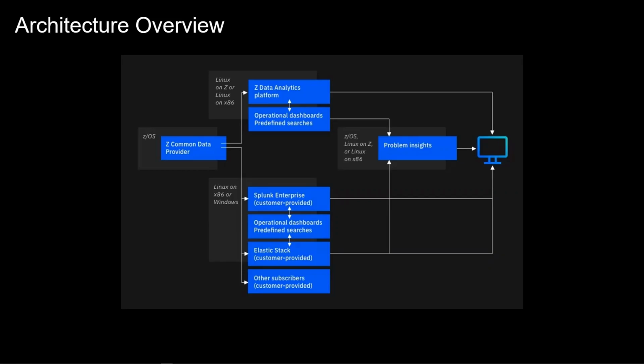That's all available within our Problem Insight server, which, if you listened to the presentation I did on Tuesday about our anomaly detection capabilities, is a shared component that bubbles up the most critical events to our operations teams. That will run on z/OS, on USS, on Linux on Z, or on x86 Linux. And again, we have plans to support that on zCX in the future.